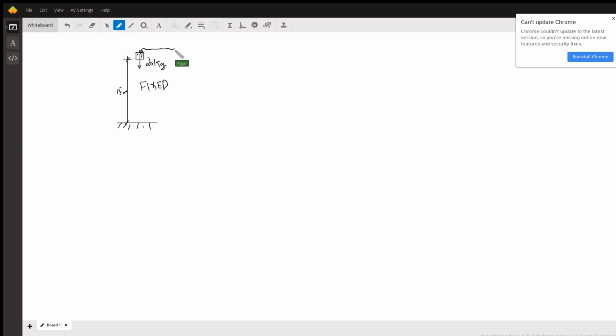Its mass is 20 kilogram because when it was on the ground, this is a bucket on the ground, it used to weigh 25 kilograms.